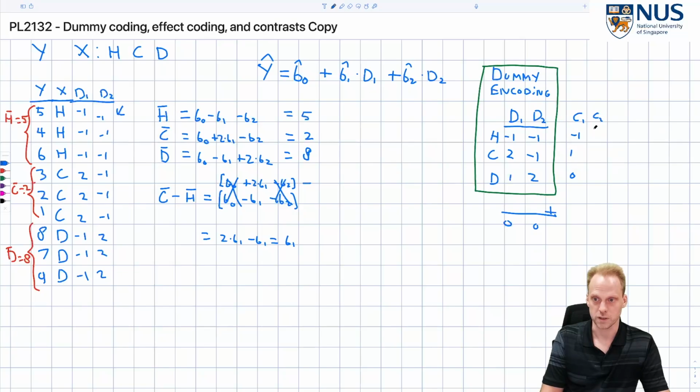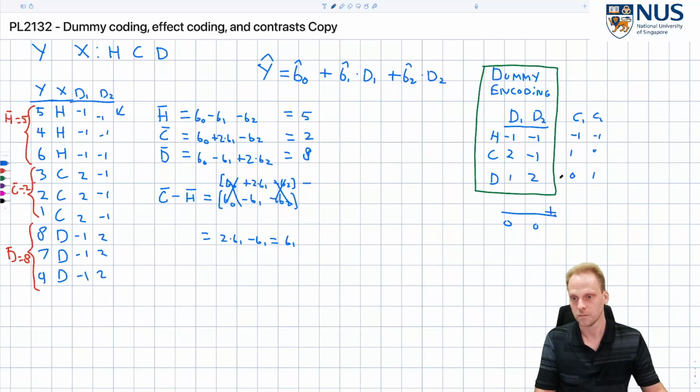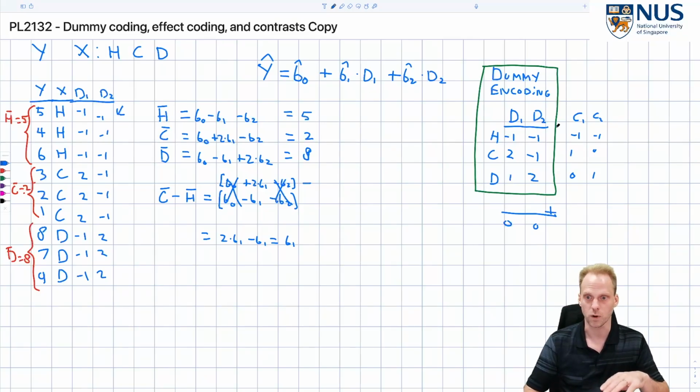And the second contrast you will see is also the same as what we had before. That's very interesting because it shows that this dummy encoding actually doesn't matter, whether it's 0, 1 or minus 1, 2. If we define it in a way that it sums to 0, we can find the same effect. That's another reason why it's nice to sum to 0, because otherwise there are many different ways to encode these dummies.